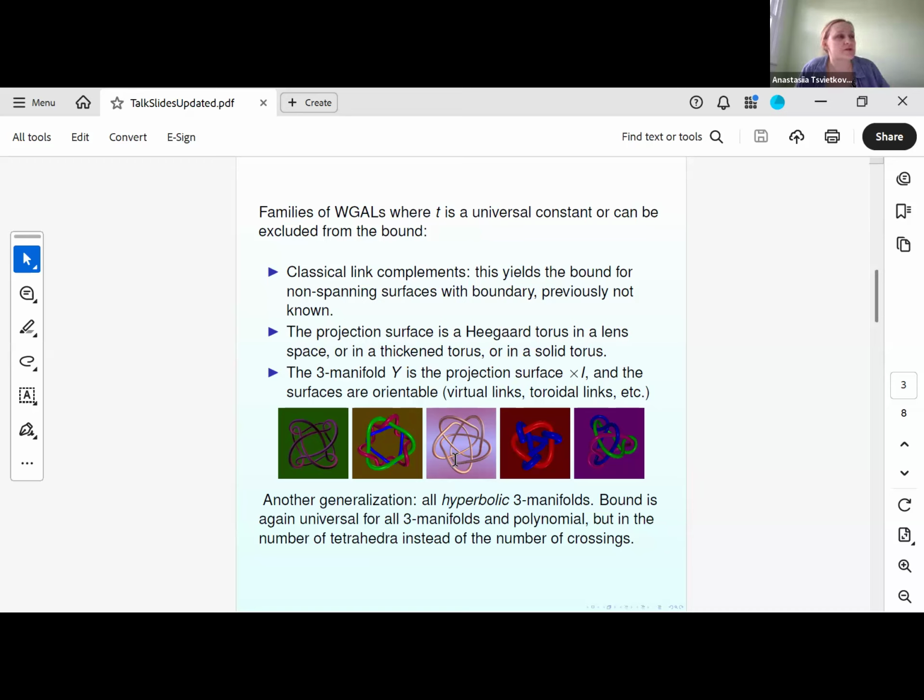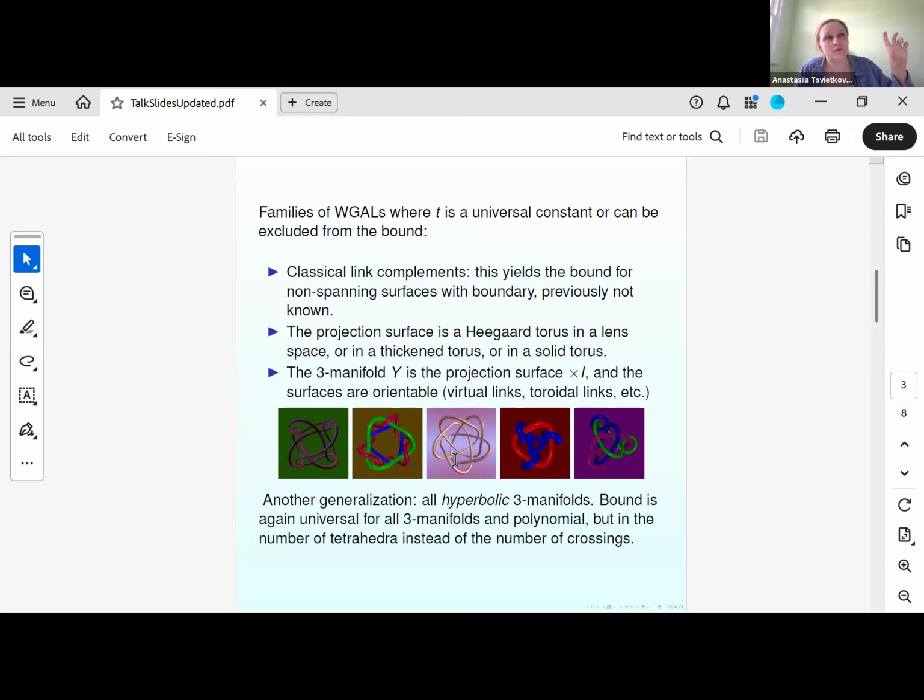If your projection surface is a Heegaard torus in the three-sphere, or in a thickened torus, or in a solid torus, that parameter T also goes away. It's a universal constant. And then if your three-manifold is actually a thickened projection surface, and the surfaces are orientable, like it happens in virtual links, toroidal links, etc., that constant T also goes away.